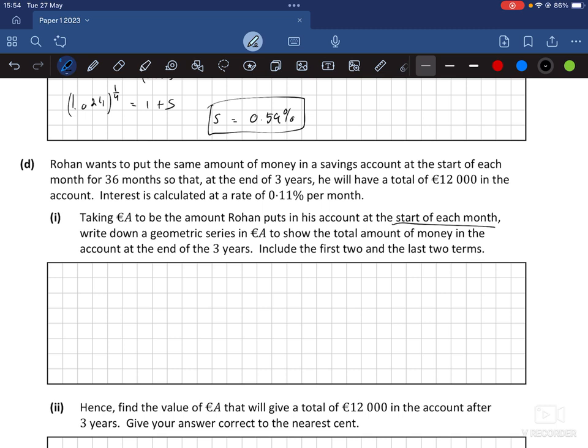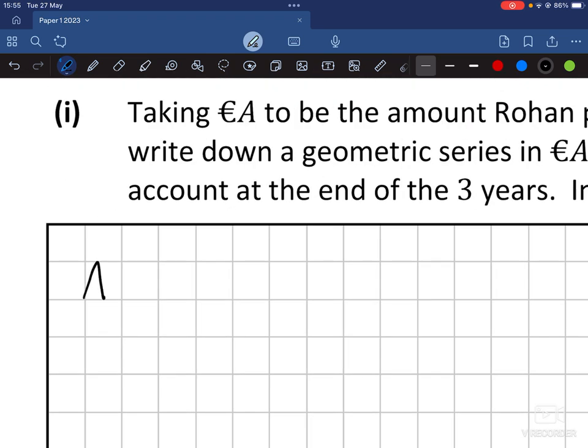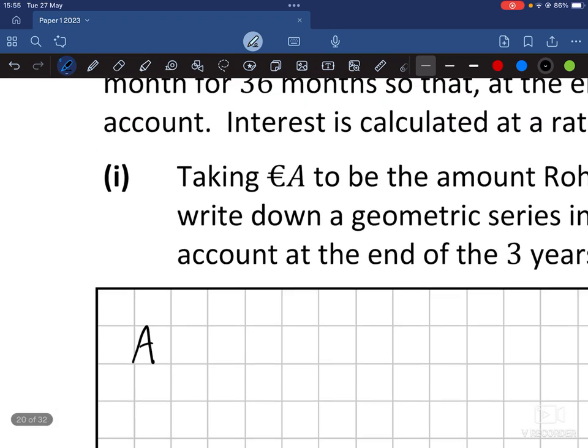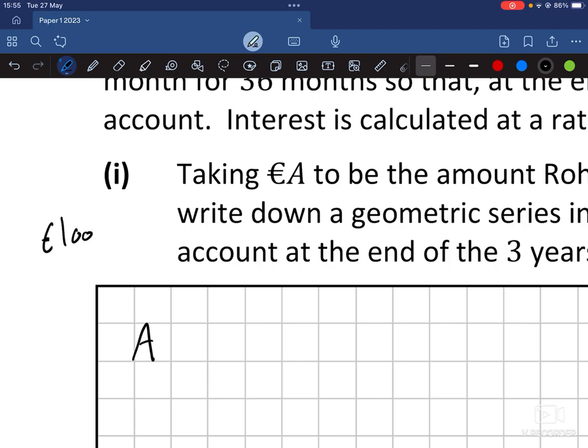So what is it? It's a savings account. So he puts in some amount and it'll go up by that. Yeah, perfect. I don't know which way they want this. So basically, the first amount, he puts in A. So when he puts in this amount, let's just say he puts in €100.